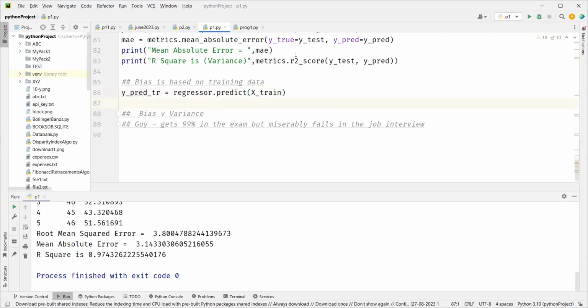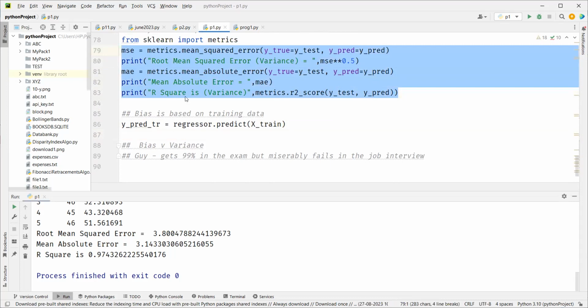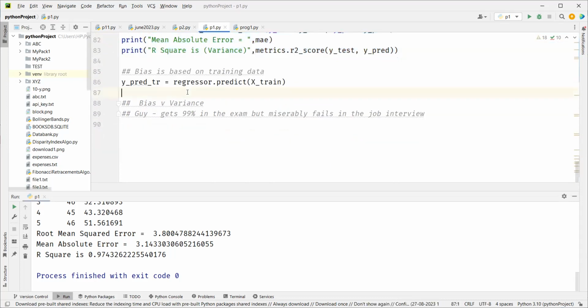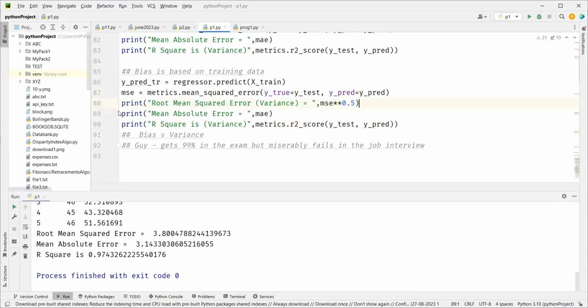Now we can calculate our MSE, and we'll delete MAE. So root mean squared error: bias is the MSE on training, between YPRED training and Y train. This is the true value, right?